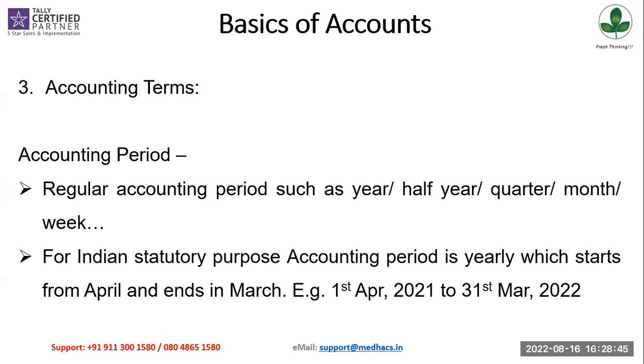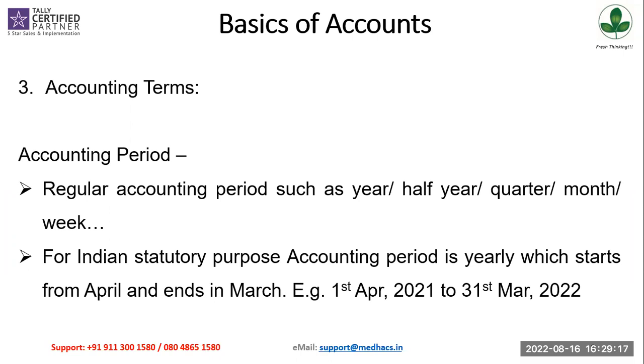So the accounting period can be any period, any start date and any end date. There is no mandatory rule that it should be only 1 month, 1 year, 1 quarter, 1 week, nothing like that. Any period which has a start date and end date is the accounting period that you could use. It might be a year, a quarter, a half year, monthly, or weekly, whichever way you want.